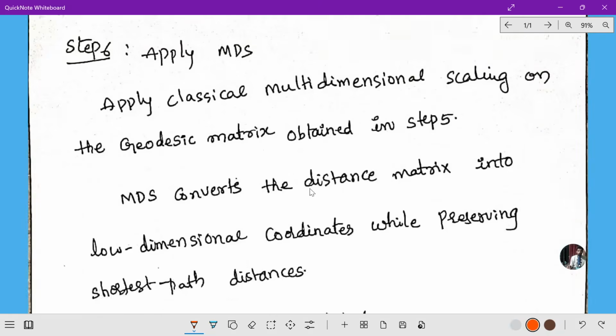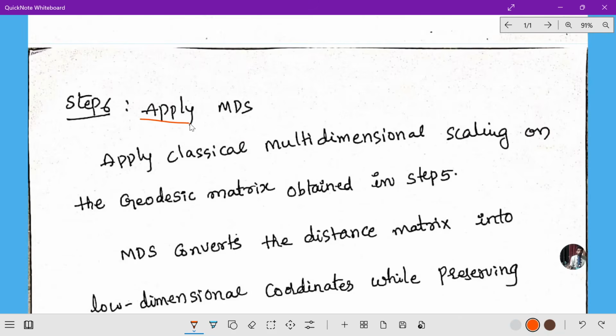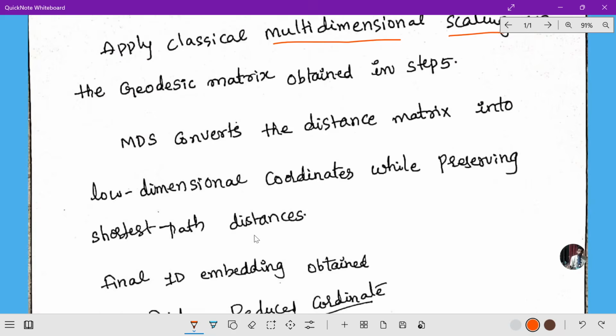After completion of this, we need to apply MDS, classical multidimensional scaling. Remember, when you say MDS, this is nothing but multidimensional scaling on the geodesic matrix based on step 5. MDS converts the distance matrix into low dimensional coordinates.